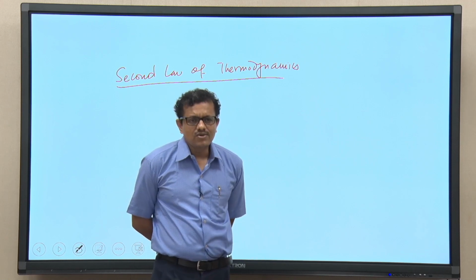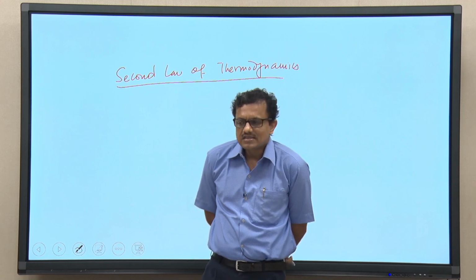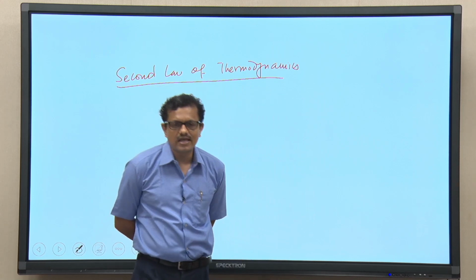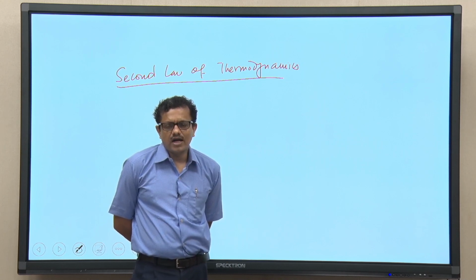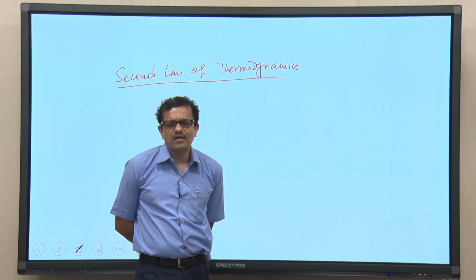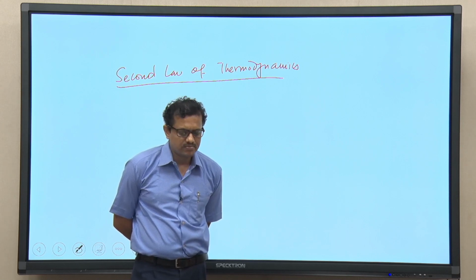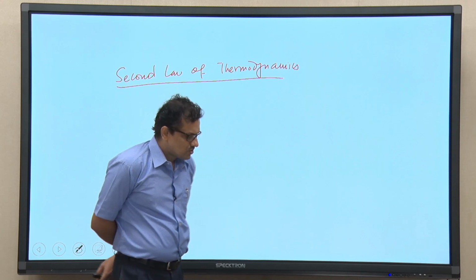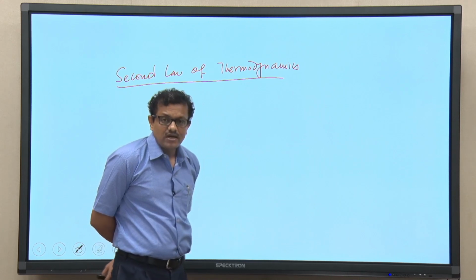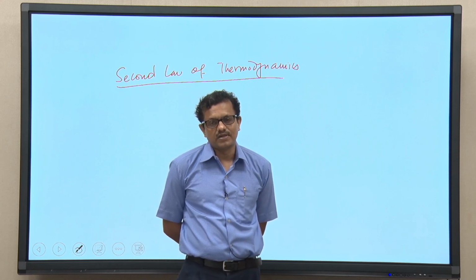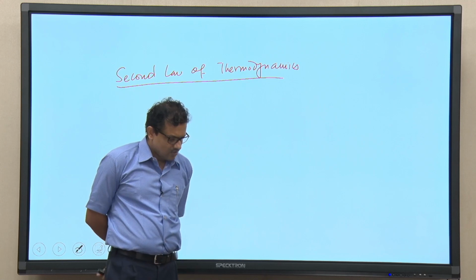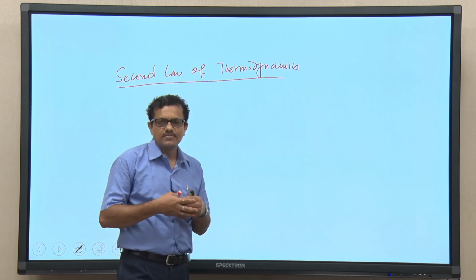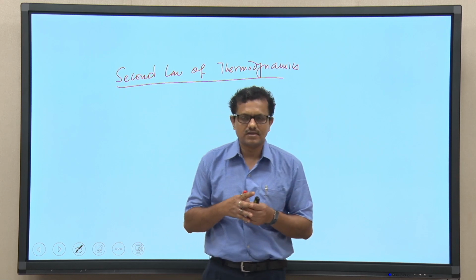Now, just describing the statements of the second law, like the Kelvin-Planck statement or the Clausius statement, I would like to recap those, but you have learned all those and you can get them from any classical book. So, you know what the Kelvin-Planck statement and the Clausius statement are, basically the concept of heat engine and heat pump or refrigerator.